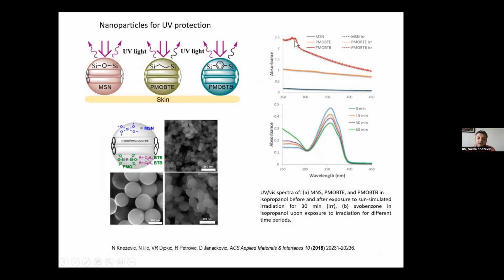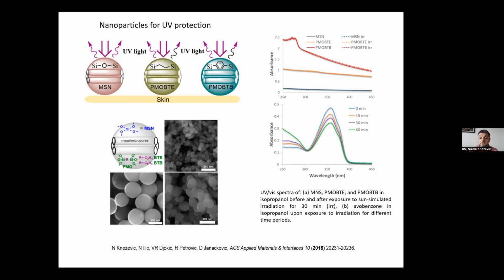After exposure to a sun-simulated lamp, there was actually no change in absorption profiles. There is no degradation of these nanoparticles, which is really good, because in other cases when they use organic molecules, there was a decrease in absorbance and shielding ability, but also production of ROS when this happens.